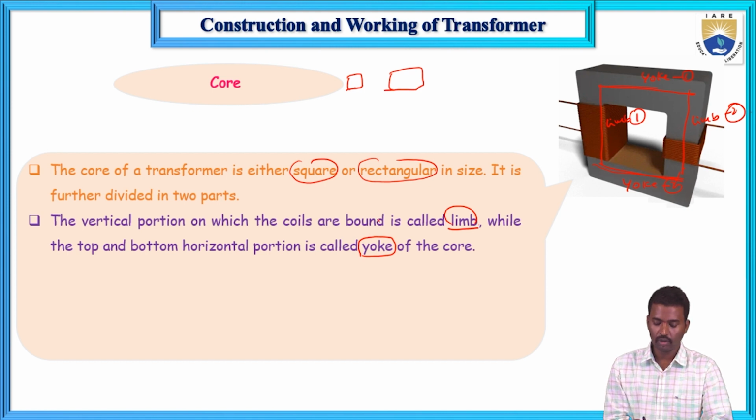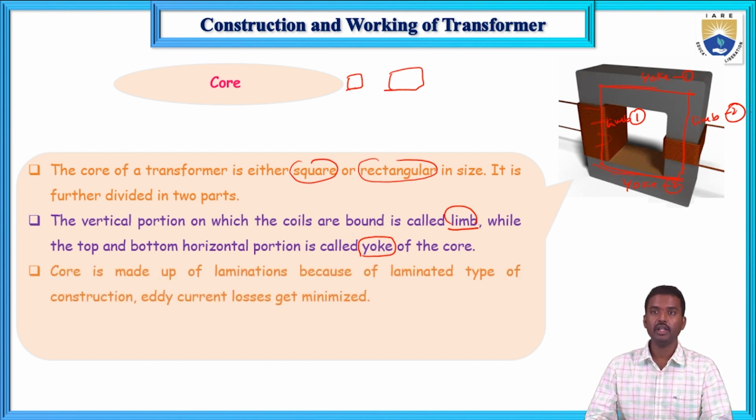Now here the vertical portion on which coils are wound is known as limb, and the horizontal portion of the magnetic core is known as the yoke.